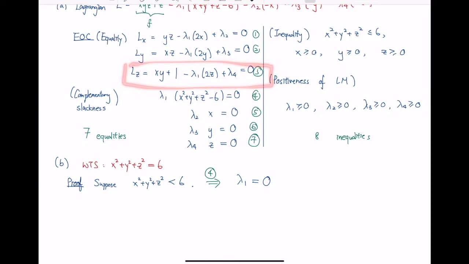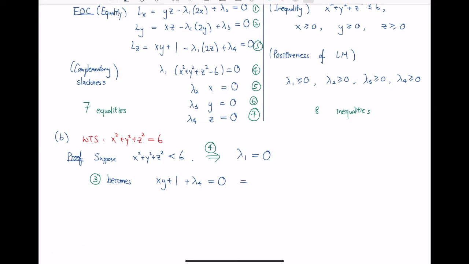Why? I will write down why. So, the third equation becomes xy plus 1, and then lambda 1 is 0, so this term dies, so plus lambda 4 equals 0. So that means that xy plus lambda 4 is minus 1.